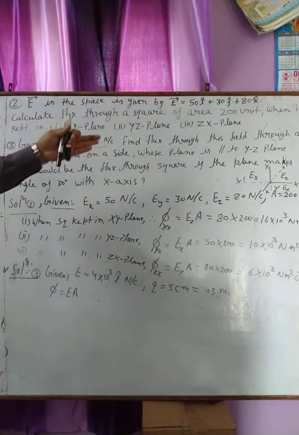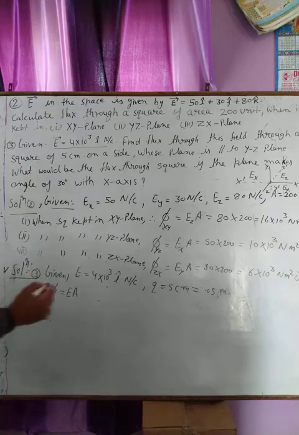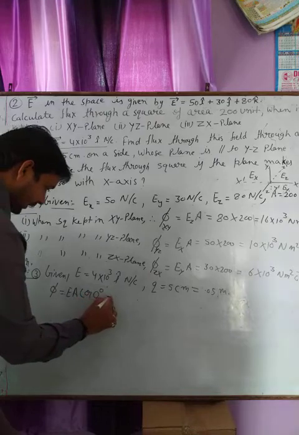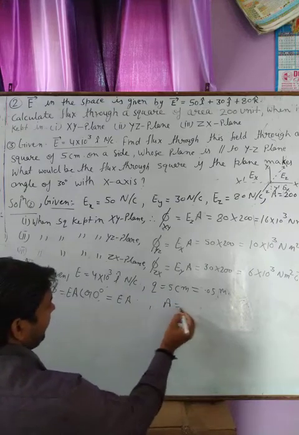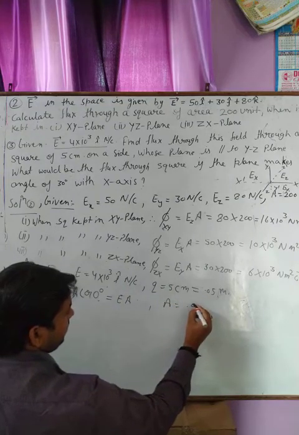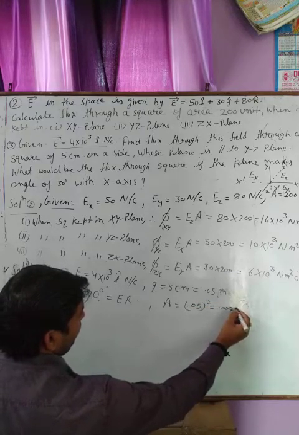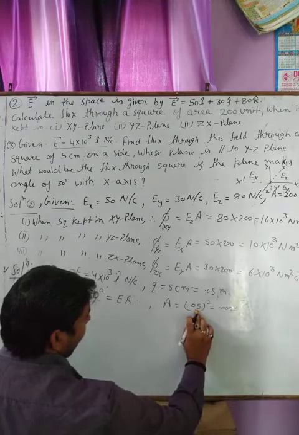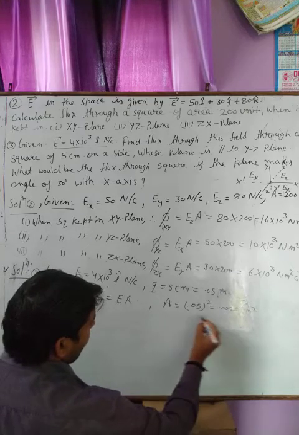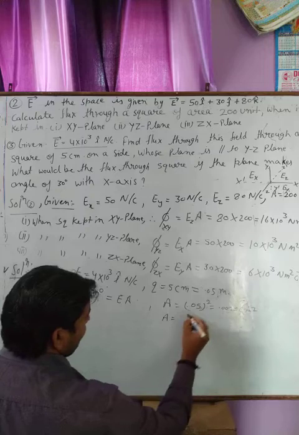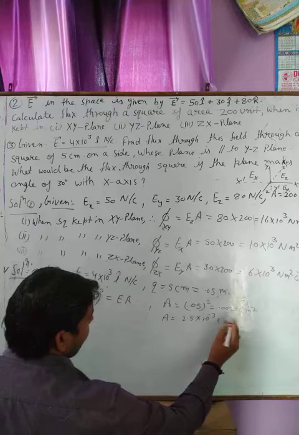Because we need to calculate in the x direction, it becomes E A cos 0 degree, and cos 0 degree is 1, so this becomes E into A. Now the area of this surface is 0.05 squared, which becomes 0.0025 square meter. So the area is 2.5 into 10 to the power minus 3 meter square.